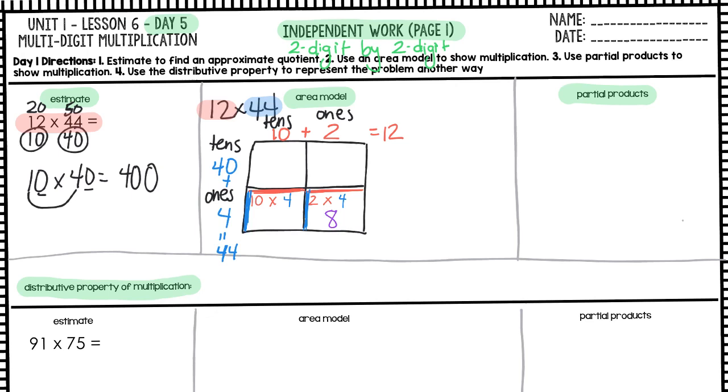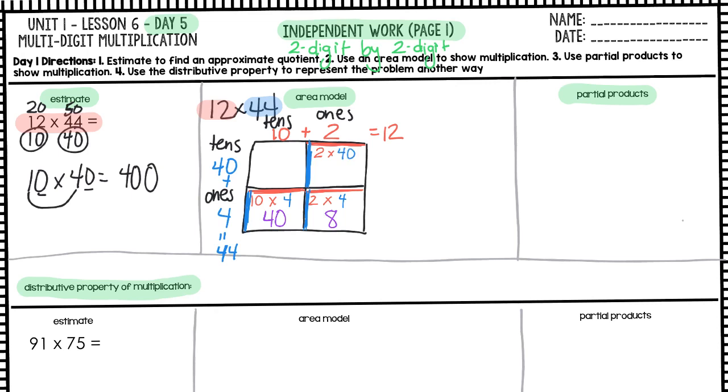So I can do that in my head, 10 times 4, 10, 20, 30, 40, is 40. And we're going to move up here. This space, even though it's large, is representing 2 ones. We're going to multiply that by this side, which is representing 40.